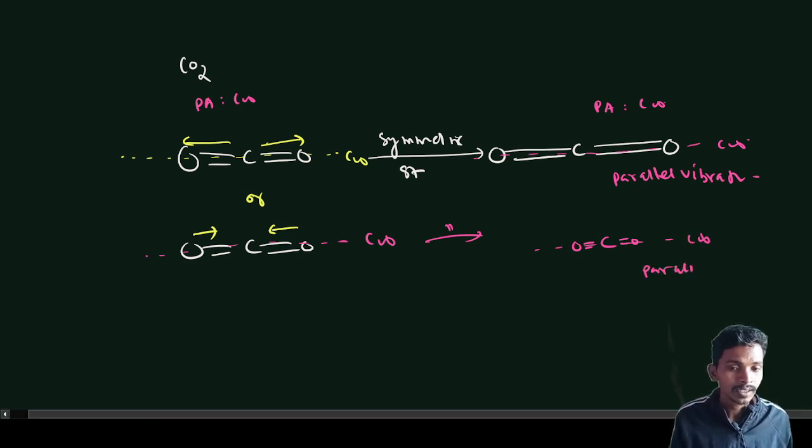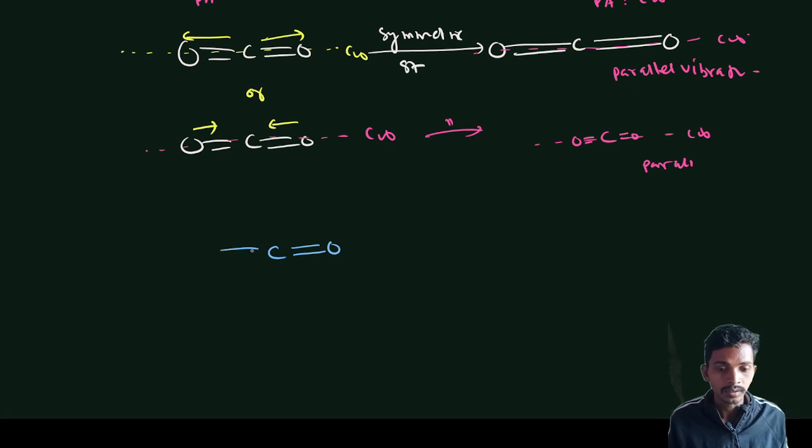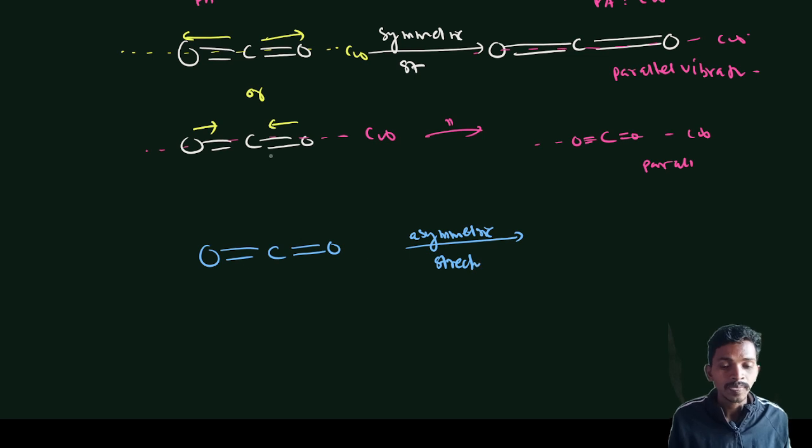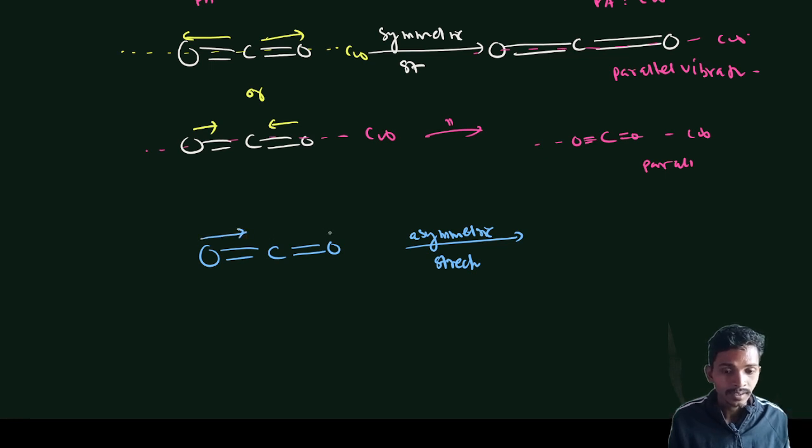Now if I do asymmetric stretching, what will I get? Asymmetric stretching means I will stretch by different amounts in different directions. Let's say I am stretching in this direction, and in another direction by a different amount. The principal axis is C infinity.